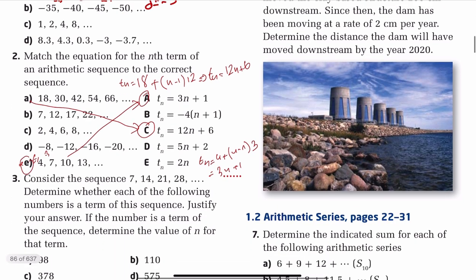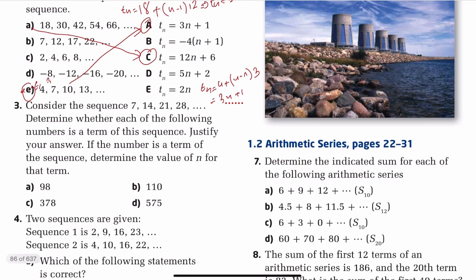For question number 3, all of the terms are multiples of 7. And 98 is a multiple of 7. We can substitute into our formula, Tn is equal to T1 plus n minus 1 times d, and we can solve for n.